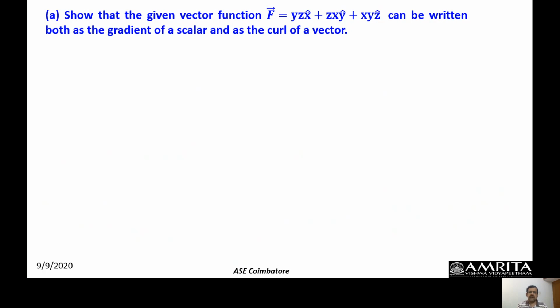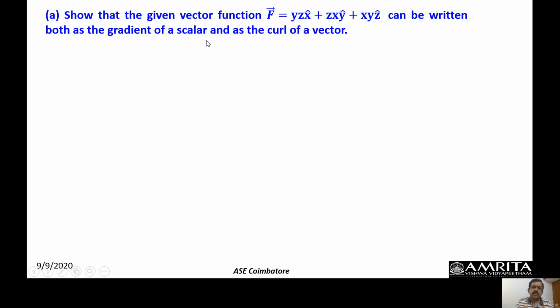See, if f has to represent the gradient of a scalar, then by the consequence of the second derivatives of the del operator, we know del cross del v must be 0, where v is the scalar function. What is del v? That is the gradient of the scalar function. The given vector function must itself represent the gradient of the scalar function.